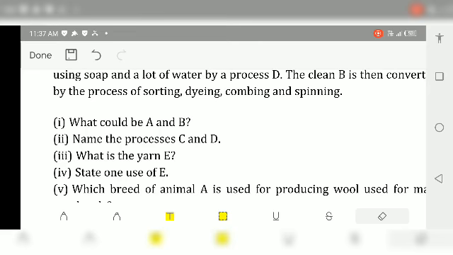A is the sheep, B is the fleece. Name the processes C and D. C is the shearing, D is the scouring. What is E? E is the wool. State one use of E. Wool is used for making sweaters and shawls to protect ourselves from the low temperature in winter.